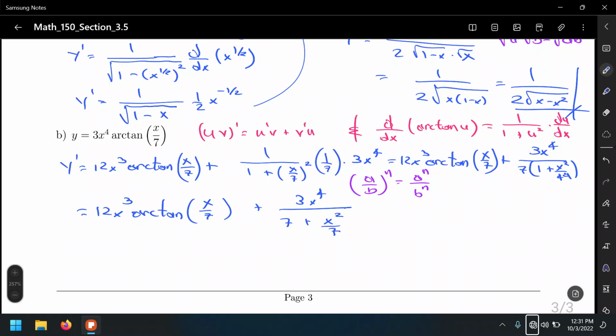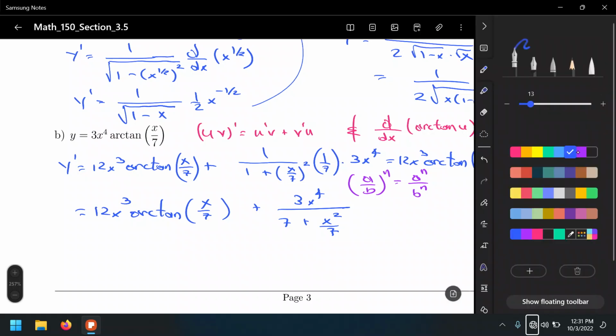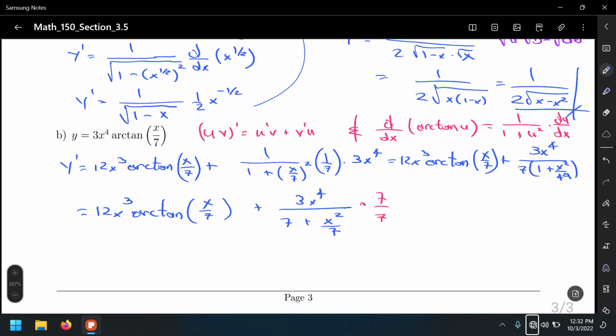But still, this is a complex fraction. So what I'm going to do is multiply numerator and denominator by a global LCD. In other words, I'm going to multiply by the quantity that divides out the 7, in this case 7. Multiply by 7, divide by 7. So 3 times 7, that's 21, x to the 4th, and 7 times 7, that's 49, and 7 divided by 7, that's simply x squared.